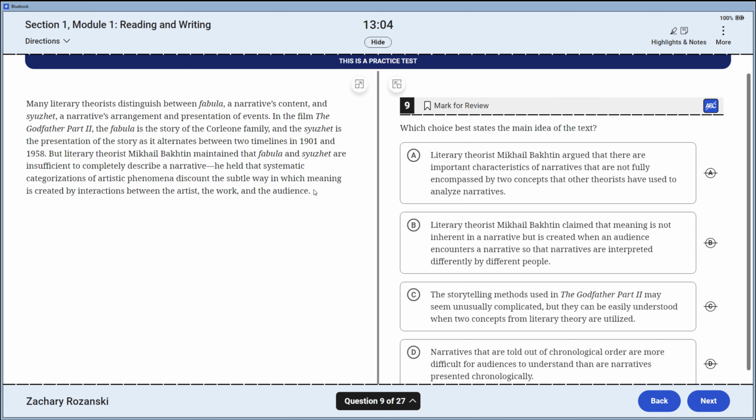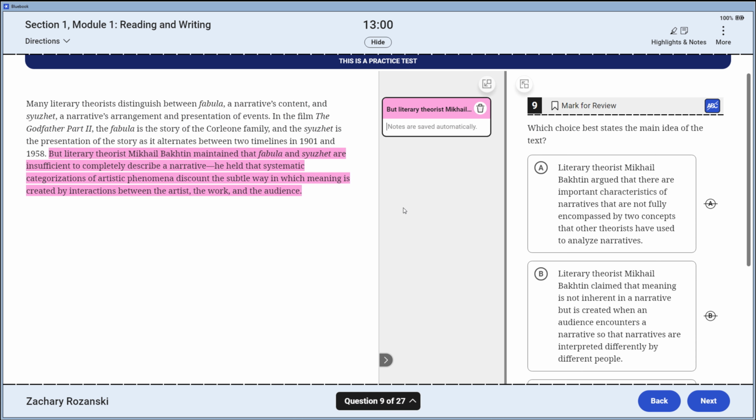What's the main idea of this text? I'll read the final sentence, which starts with a however. He believes that these two terms cannot describe a narrative. Then we've got some explanation.